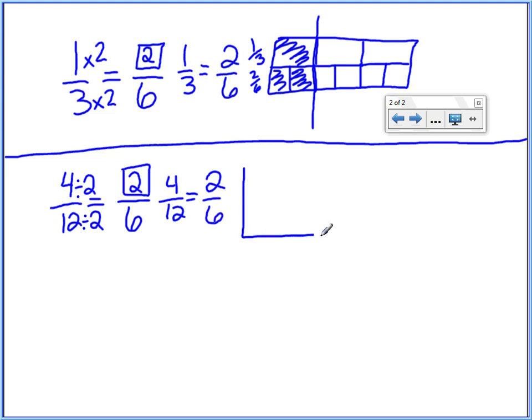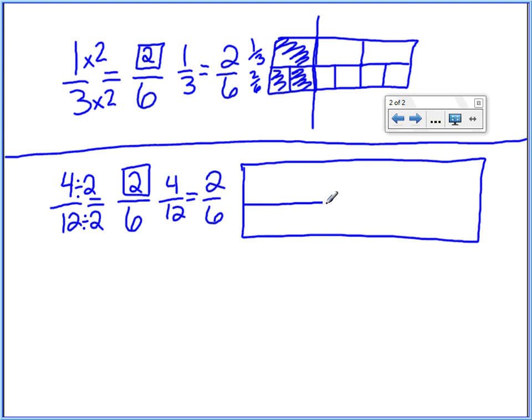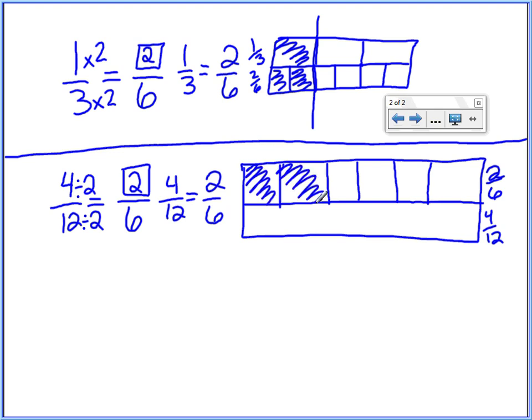And again, I'm going to draw this out. My top bar here is going to belong to 2/6. My bottom bar here is going to belong to 4/12. And I'm going to draw all this out.